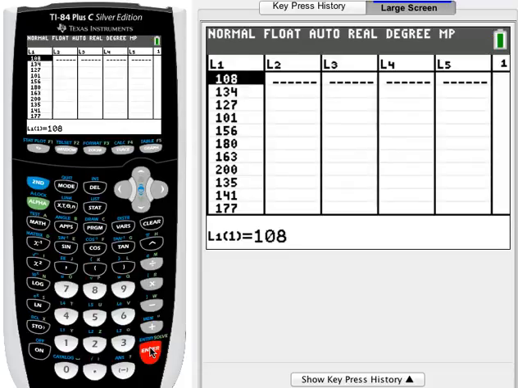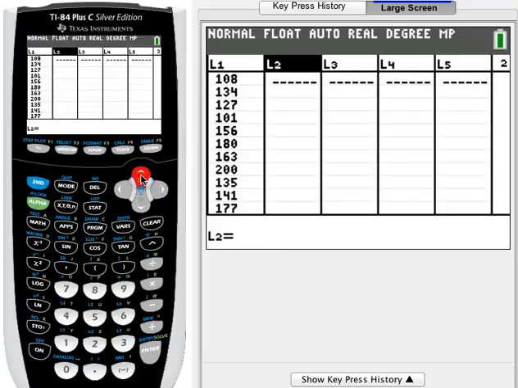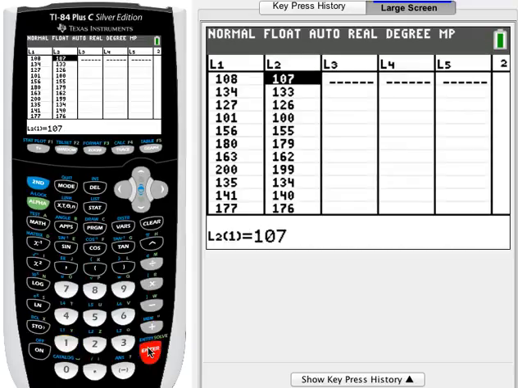There's a really slick way that I can do this. Scroll over to list 2, and basically I want to take all those values from list 1, and I want to subtract 1 from each of them and then hit enter.